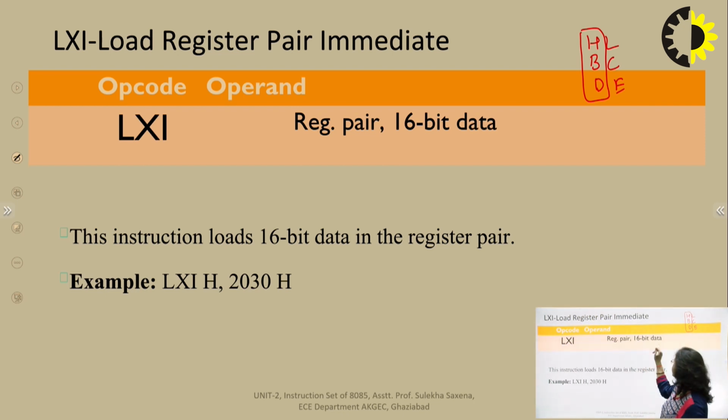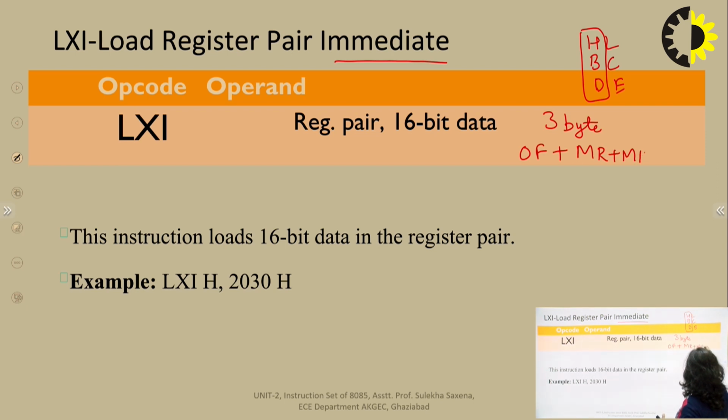To read 16-bit data, we require 2 memory read cycles. First of all, this is again an immediate mode instruction. Now we talk about size: 2 bytes for data and 1 byte for opcode, so a 3 byte instruction. Now we talk about machine cycles. So opcode fetch plus 2 memory reads to read the data, and we simply copy it to the register pair.